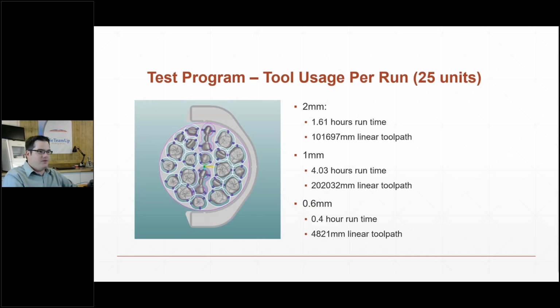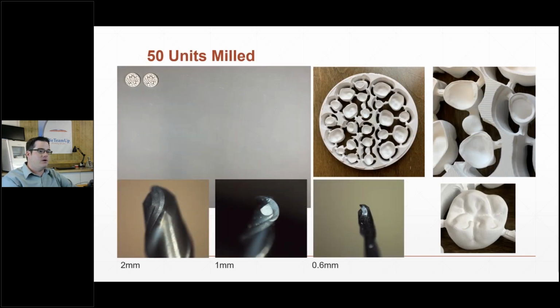And so you'll see that the wear on a tool actually develops along this ratio, which is kind of interesting to see. So here we are at 50 units. There's no wear at all.